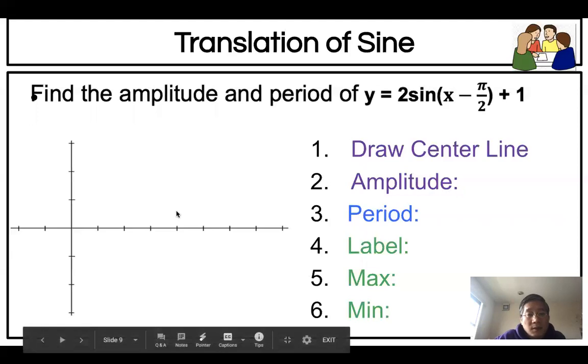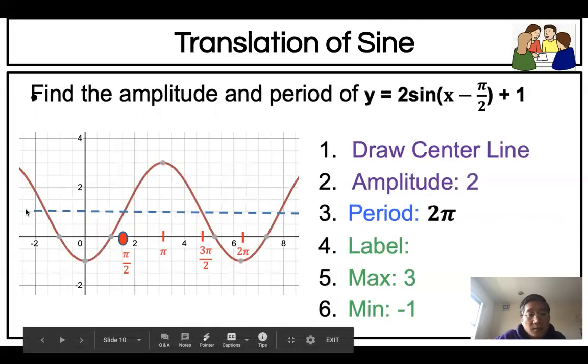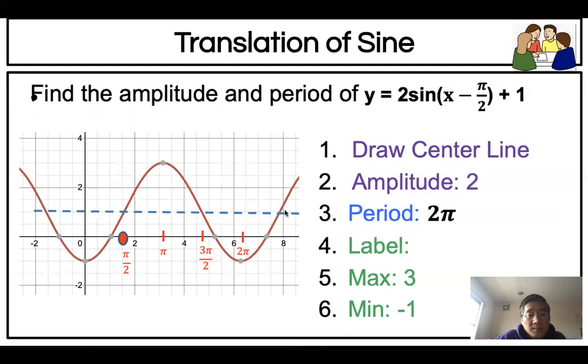So let's see the graph. Like this, you have a center line here, right? At 1. And then where do you start? You translate pi over 2 units, 90 degrees, to the right. So you start from here, but the sine curve starts from the center line, right? So pi over 2 and 1. Now you start from here.